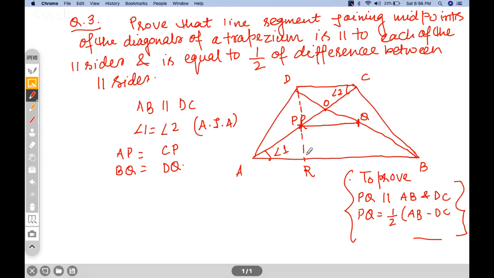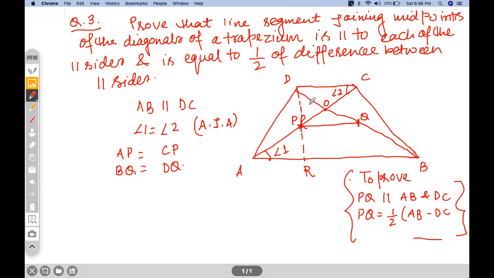You will have to prove it. If I'm able to prove that DP is equal to PR, P would automatically become the midpoint of DR.